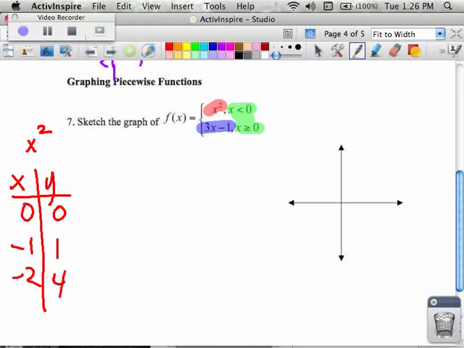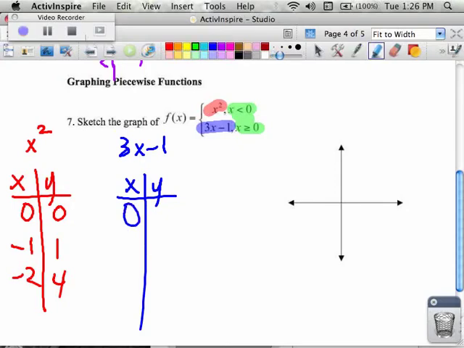In my blue table, I'm going to take the other stuff, the 3x minus 1, and make another table that says x and y. I'm still going to start with 0 for the x, because I'm always starting with the condition for the x. Here's the x for the condition, the same as the highlighted stuff up there, and now I plug in the numbers.